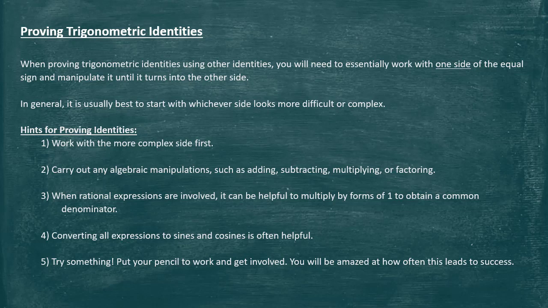If you ever have rational expressions, meaning there are fractions involved, sometimes creative use of multiplying by 1 can be helpful. Such as making a common denominator, so maybe I can turn two fractions into one, or sometimes a conjugate pair may take something that's not a Pythagorean identity and turn it into a Pythagorean identity.